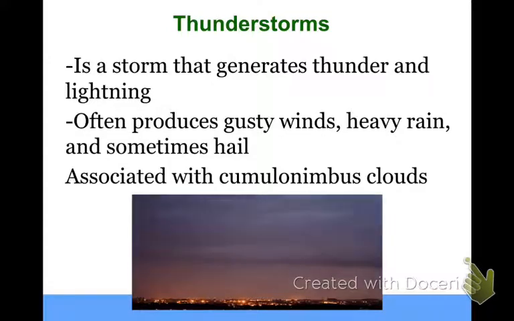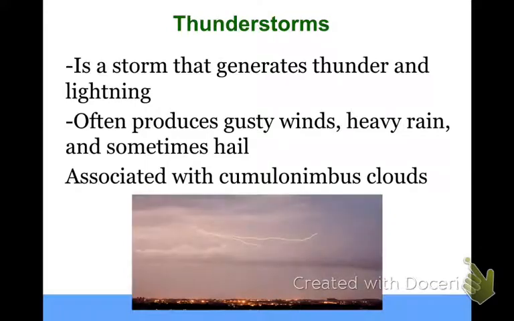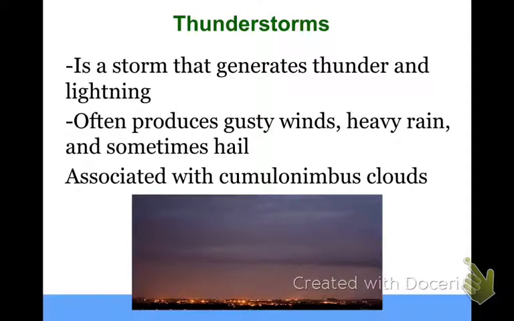The higher up those clouds are, the bigger the tower, the more unstable they are. And we know that the earth likes to be balanced. So when you have a system that is very unbalanced or non-stable, that is when you're going to have some severe storms, because the earth is trying very drastically to get back to a point of equilibrium or balance.